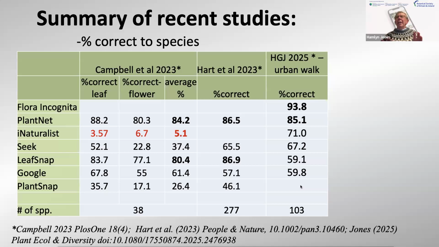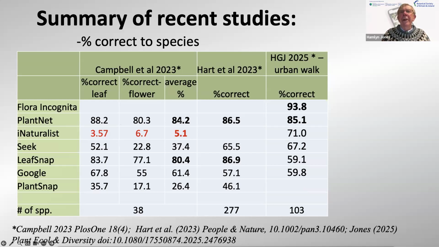And just to mention a couple of recent publications, or there are 3 recent publications. I say recent, 2023 to 25. Campbell et al. reviewed a lot of the apps that we've been looking at and got some pretty spectacular results, particularly for PlantNet and a thing called LeafSnap, which is another paid app.